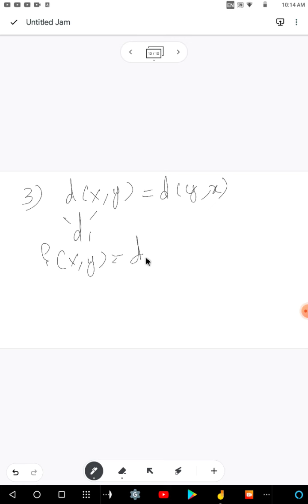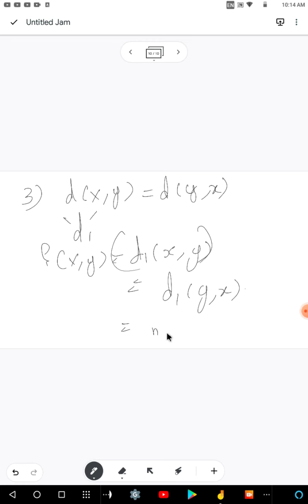What is the third property? The third property is that the distance between x comma y should be equal to the distance between y comma x. So this is also true. Without loss of generality, if you choose D1 as the maximum among the two metrics, rho of x comma y equals D1 of x comma y. Since D1 is a metric, you can say D1 of y comma x.